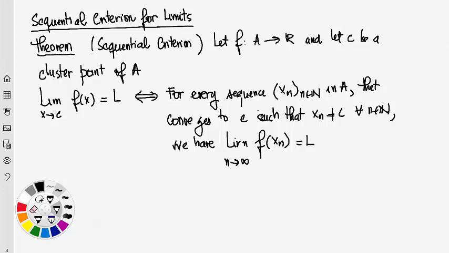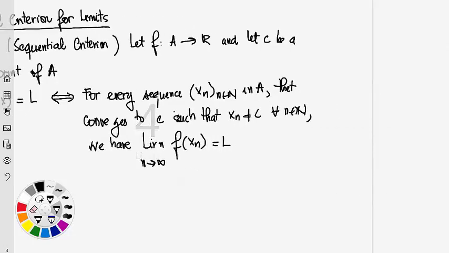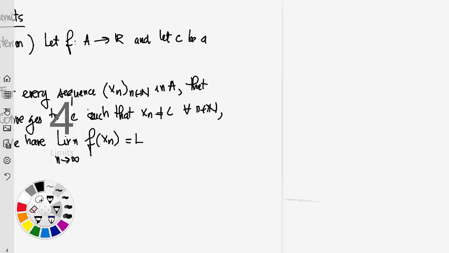If the limit of f of x as x is approaching C is equal to L, then if you take any sequence which is going to C, then the image of that sequence will go to L. And I will leave the proof of this theorem as an exercise, and we will move to the divergence criteria.